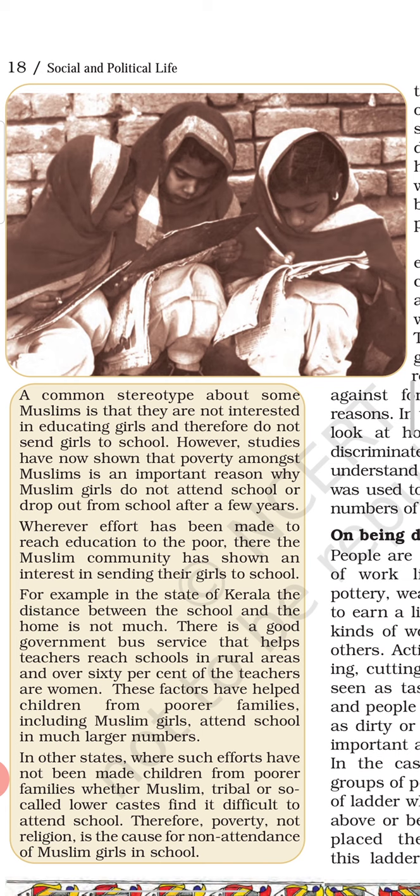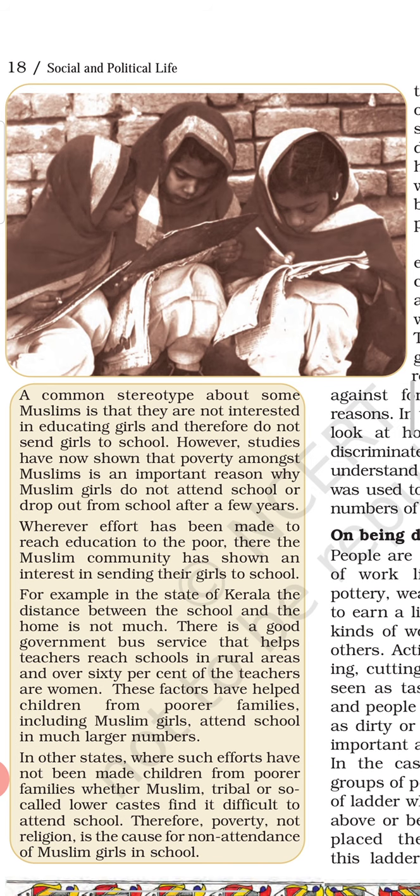In other states, where such efforts have not been made, children from poorer families, whether Muslims, tribal, or so called lower caste, find it difficult to attend school. Therefore, poverty, not religion, is the cause for non attendance of Muslim girls in school.